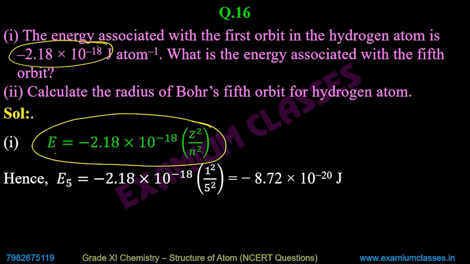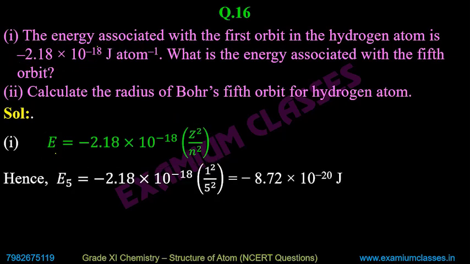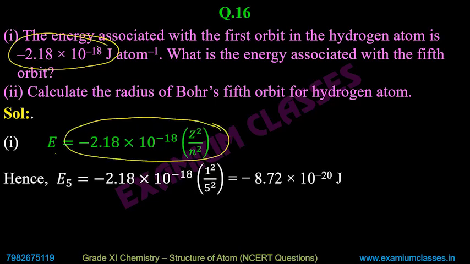Because in a few questions, they will deliberately change this value. It has to be minus 2.18 into 10 power minus 18, but in a few questions, they will deliberately change this value, and still students use minus 2.18 into 10 power minus 18 because they think that this formula has the Rydberg constant as minus 2.18 into 10 power minus 18. So that's sometimes a mistake.